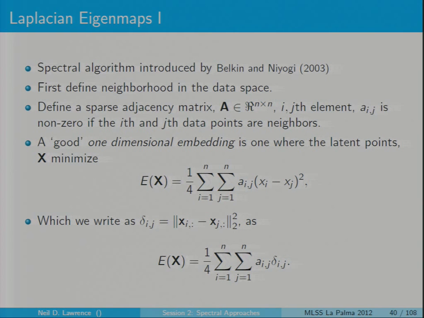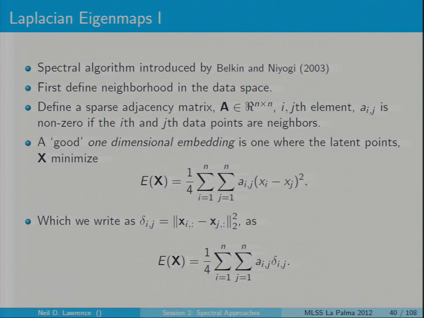Now the idea is that a good one-dimensional embedding is one where latent points minimize this cost function. So this cost function is dependent on the latent points, and basically if two points are neighbors, this applies. Otherwise it doesn't. So two points need to be close if they're neighbors.